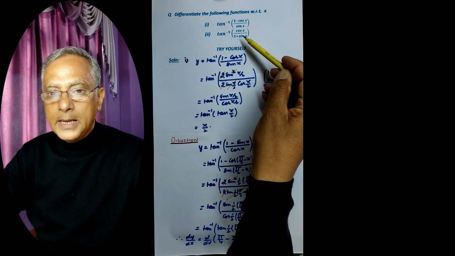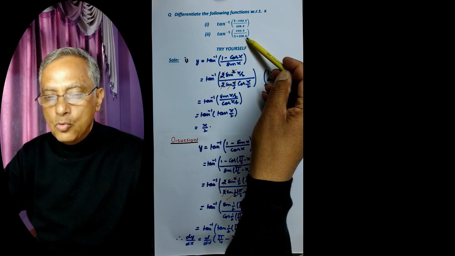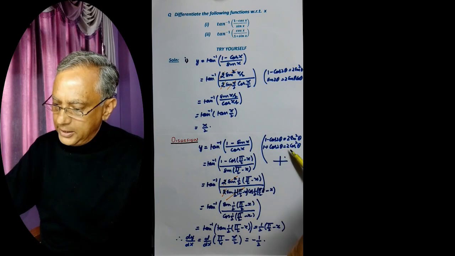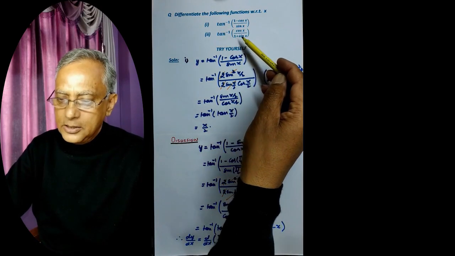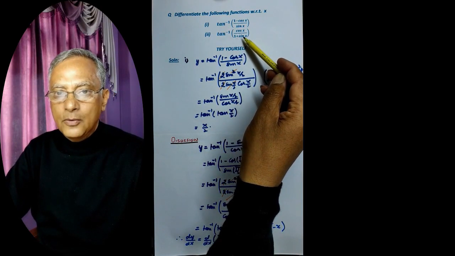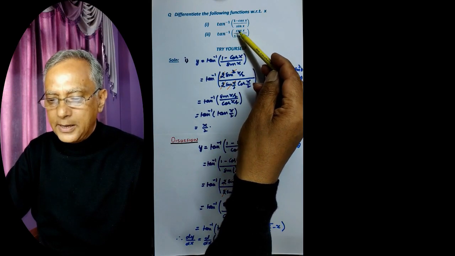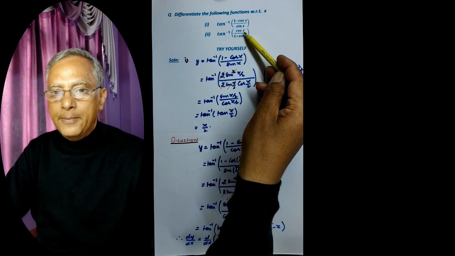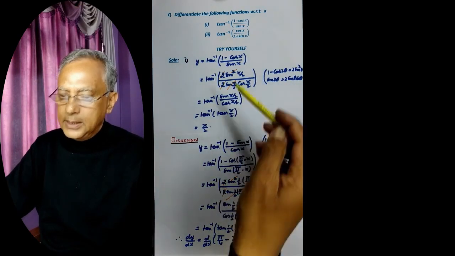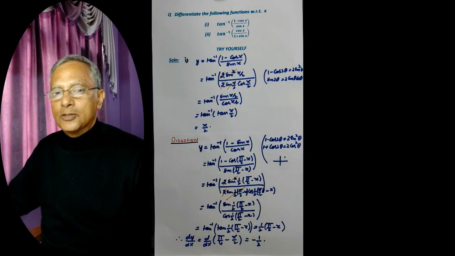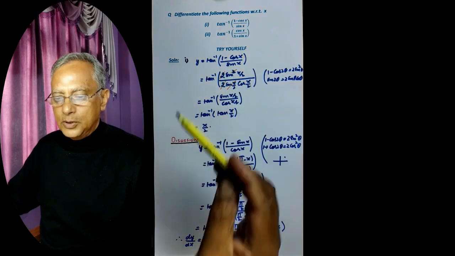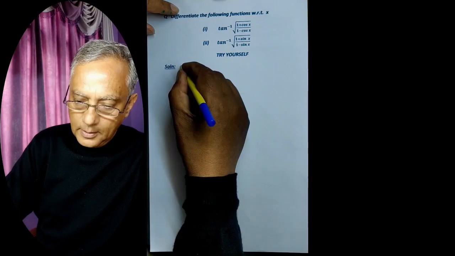We will have 1 plus cos pi by 2 minus x, and we can use this formula and write this as 2 cos square 1 by 2 pi by 2 minus x, and this can be written as sine pi by 2 minus x, and you can use this formula and simplify this on similar lines. You can try this yourself.